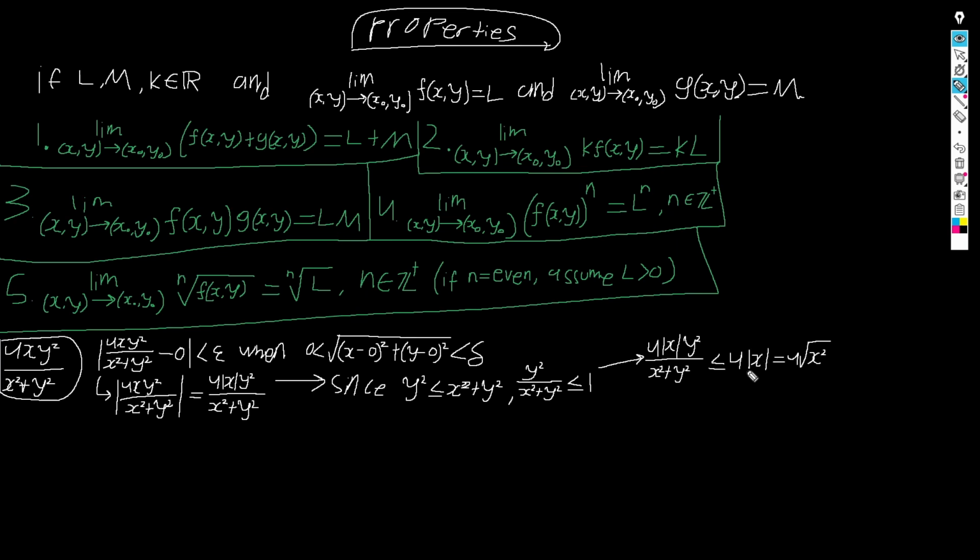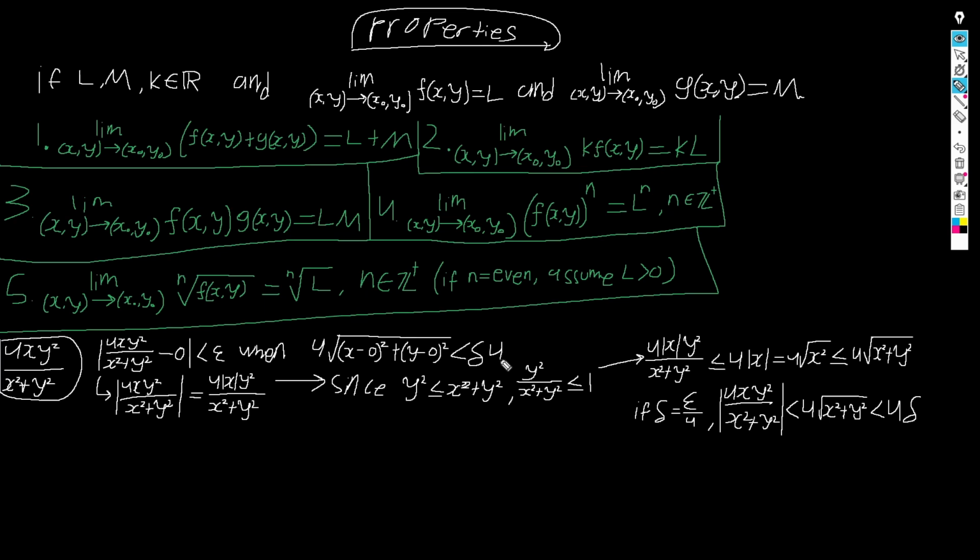And we can actually just rewrite absolute value of x as the root of x squared, which is always less than 4 root x squared plus y squared. So if we make delta equal to a fourth of epsilon, we've just shown here that this is less than 4 times square root of x squared plus y squared, which is less than 4 delta, since over here, if we just multiply both sides by 4, we get 4 root x squared plus y squared is less than 4 delta.